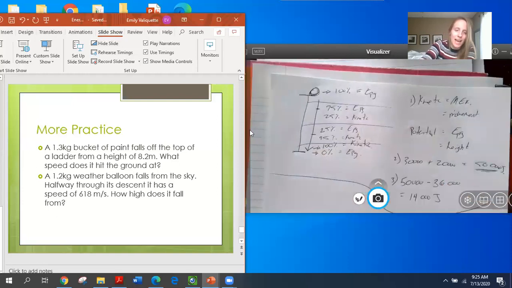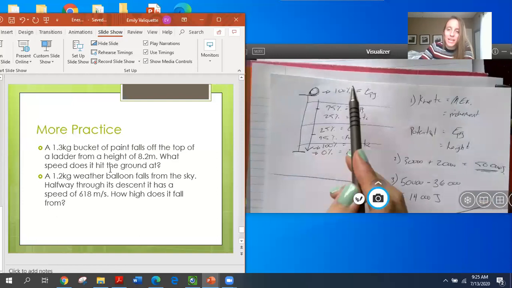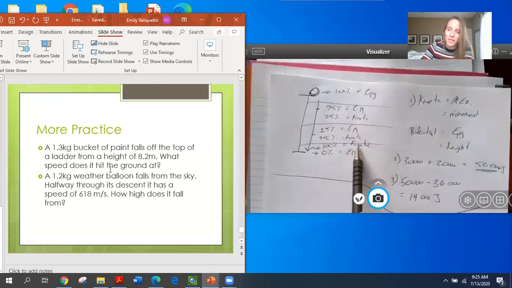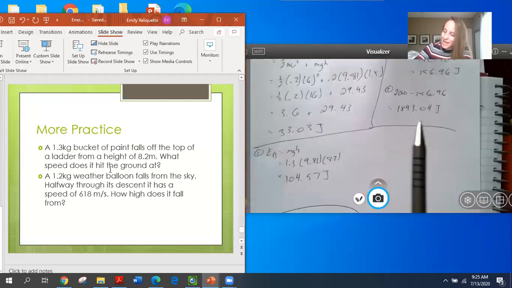So because this is asking for the speed that the object hits the ground at, what I can do is take that potential energy I just calculated and plug it in as the kinetic energy when the object hits the ground.